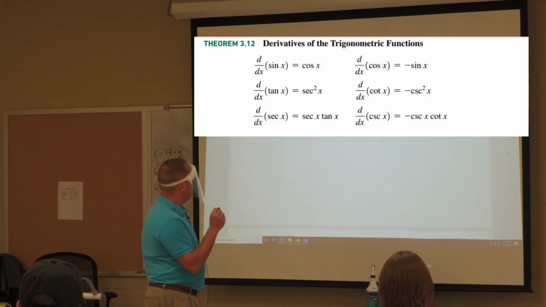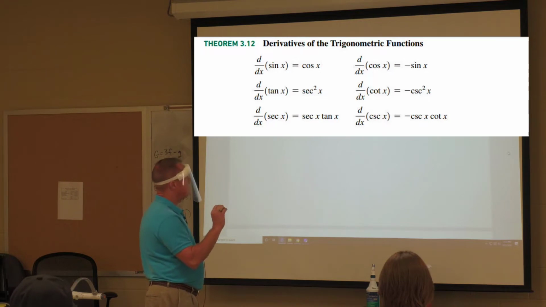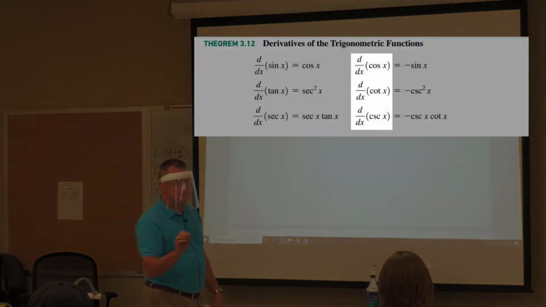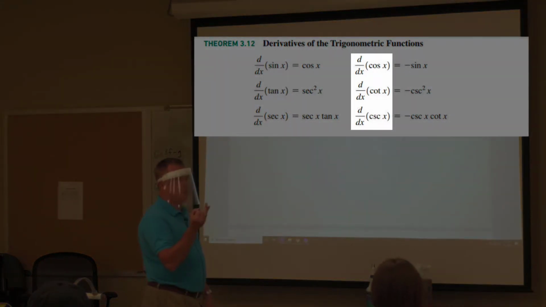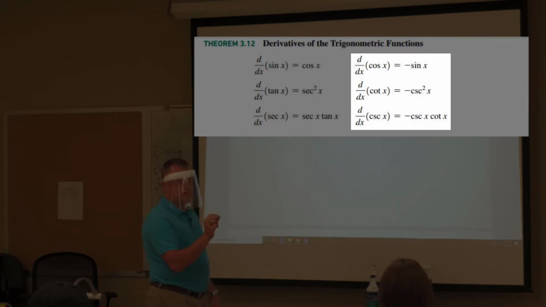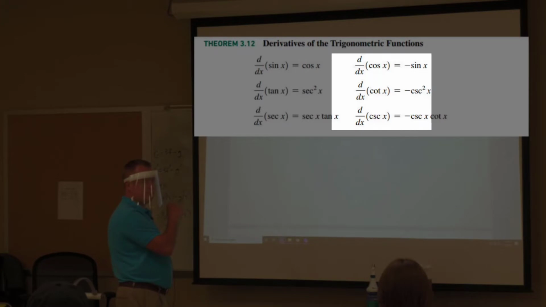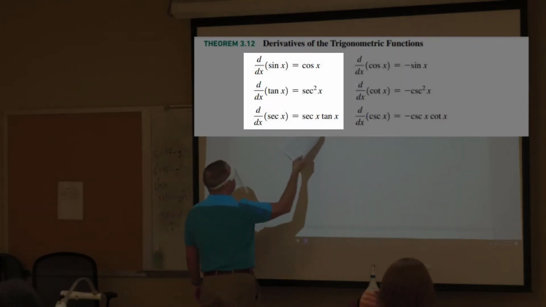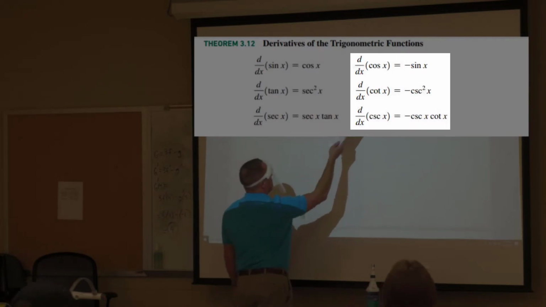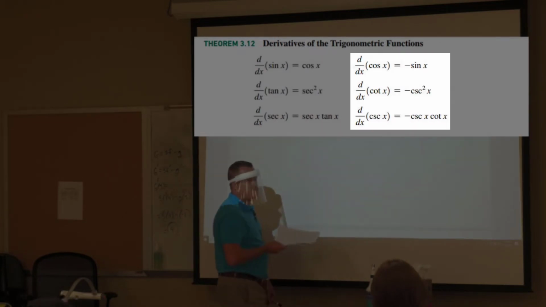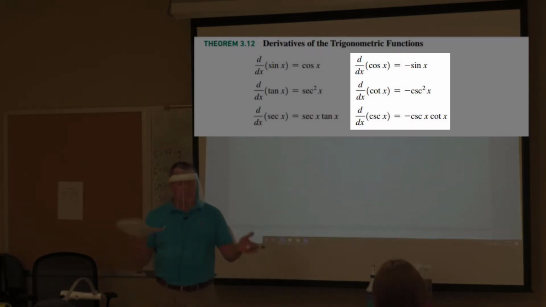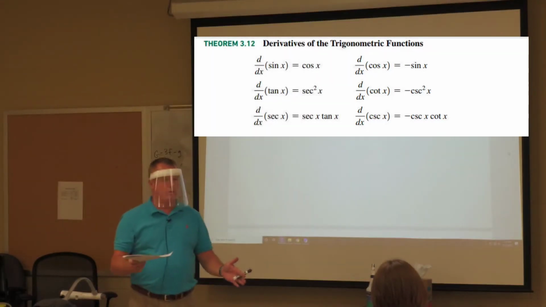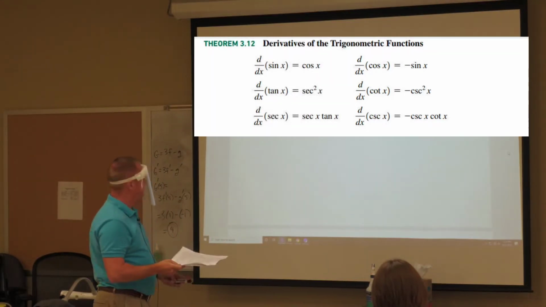If the function starts with a c, cosine, cotangent, cosecant, the derivative is always negative. If it does not start with a c, it's positive. So sine, tangent, secant, the derivatives are positive. Cosine, cotangent, cosecant, your derivatives are negative. If the negative is not there, it's wrong. So you've got to remember which one is which.